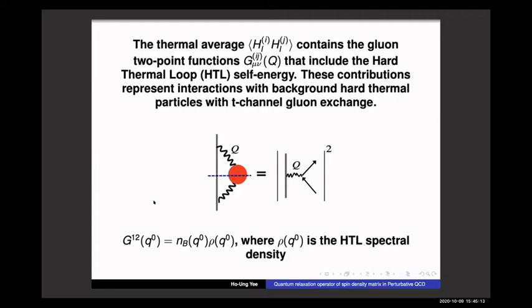And one way of seeing this is that if we just cut the diagram, then this hard thermal loop self-energy correction represents the t-channel scatterings with momenta Q, where Q is the momentum of the 2-point function of the gauge field correlators.